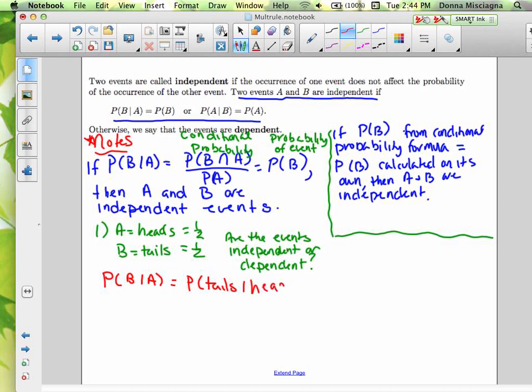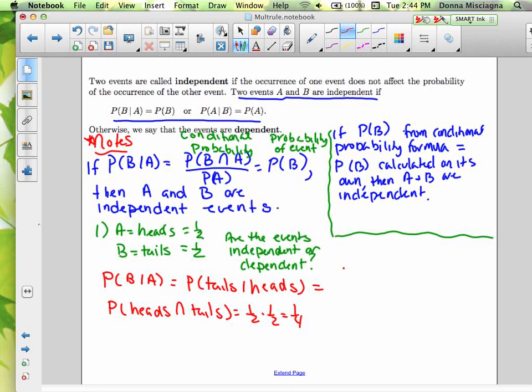And so what's the probability we'll get tails on the second flip, given that we got heads on the first flip? All right, so we need the probability of heads and tails, and I'll just put it over here. Probability of heads and tails, that would be 1/2 times 1/2, or 1/4.